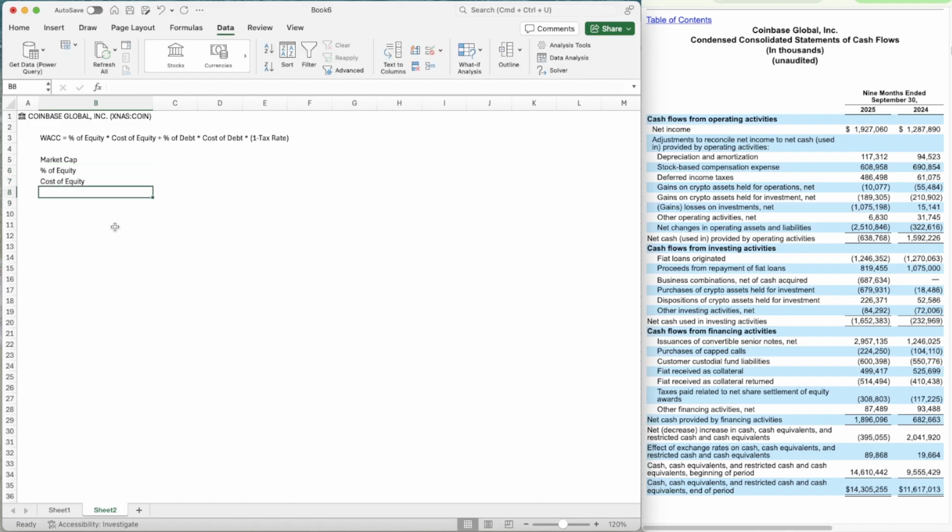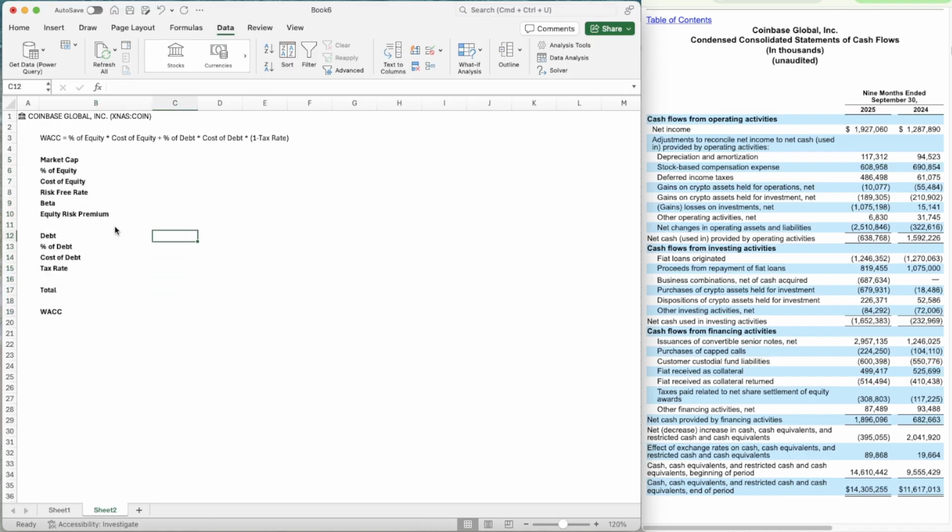In the cost of equity, we need the risk-free rate, the beta, and what was the other one? Equity risk premium. Then we need debt, percentage of debt, cost of debt, tax rate, the total here, then WACC.